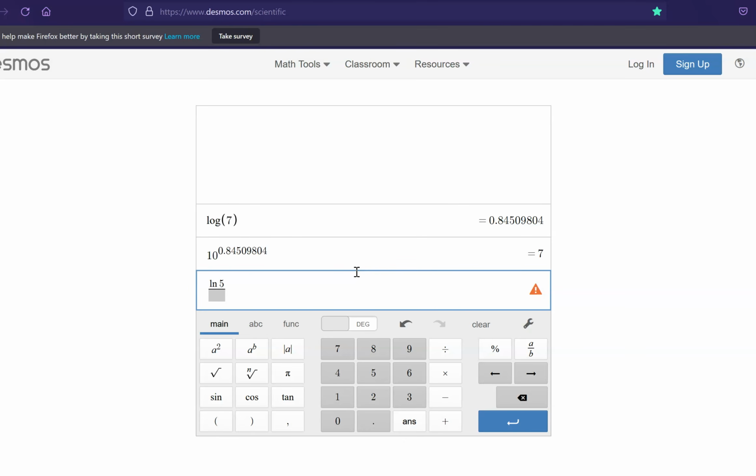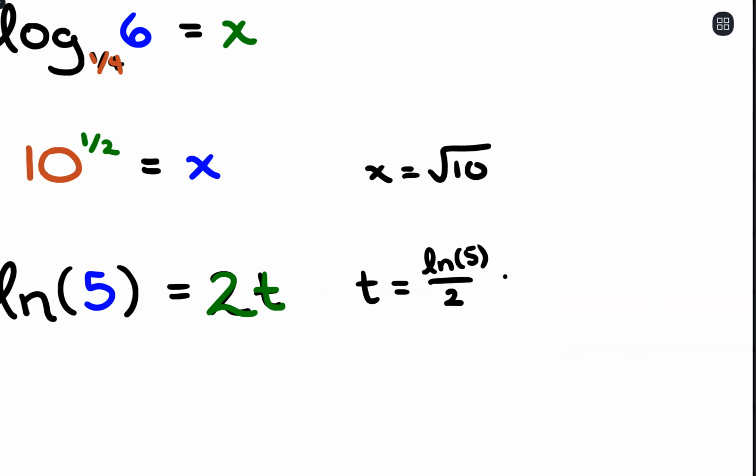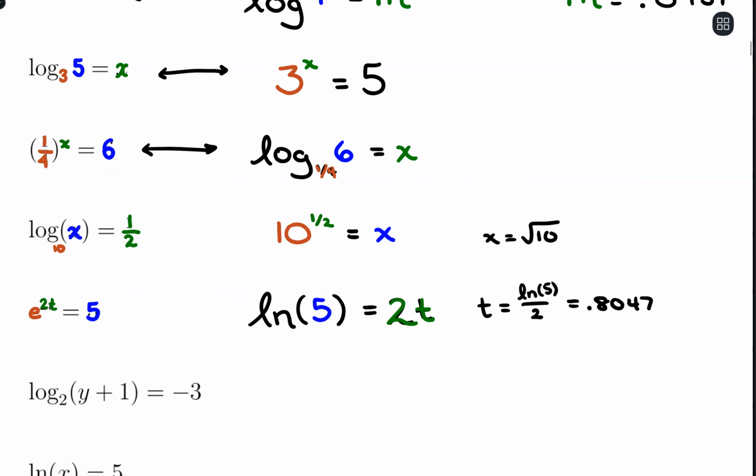And I just typed in ln 5, so it knows to evaluate that as a natural log, over 2. So that's 0.8047. And then the idea would be that we could take that value and plug it in. So if I go back and go e to the power of 2 times that 0.8047, that should equal about 5.